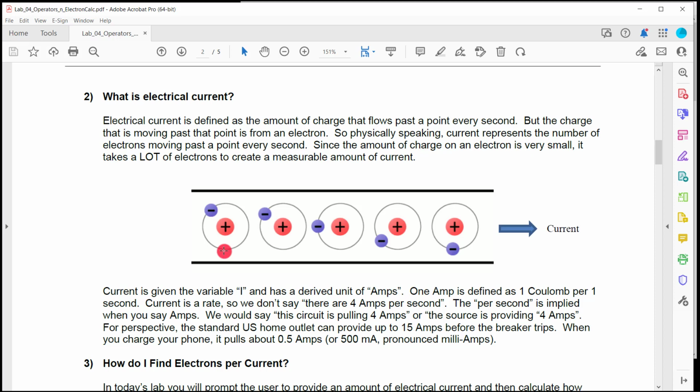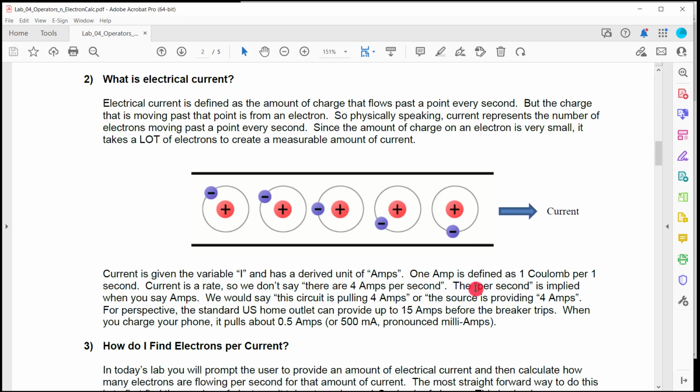So now, if you think about electrons having a charge of negative 1.602 times 10 to the negative 19, in order to create 1 coulomb of charge per 1 second, that takes a ton of electrons, just an absolute ton. Now, we don't talk about coulombs and number of electrons when we talk about current.